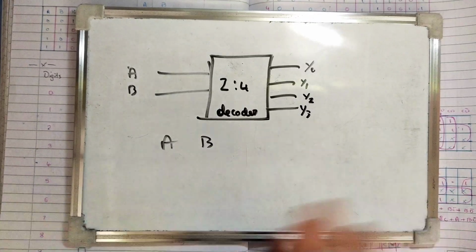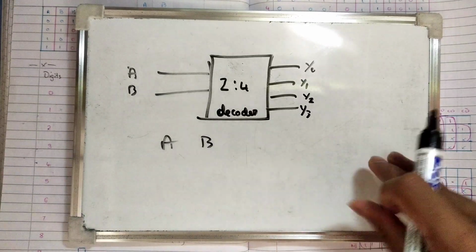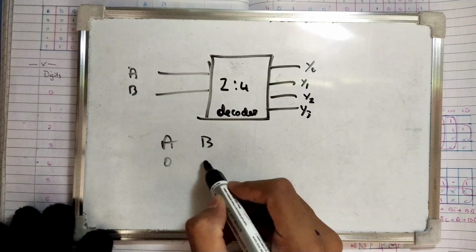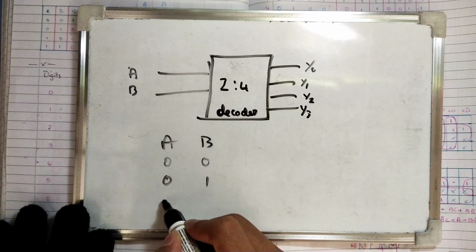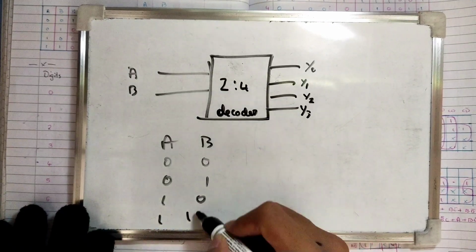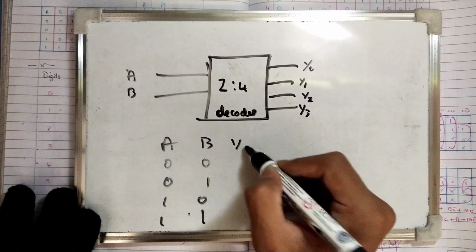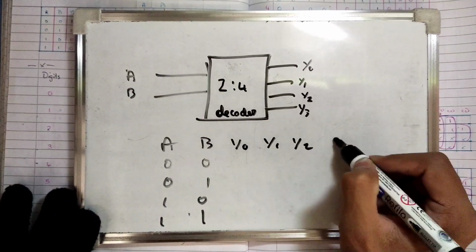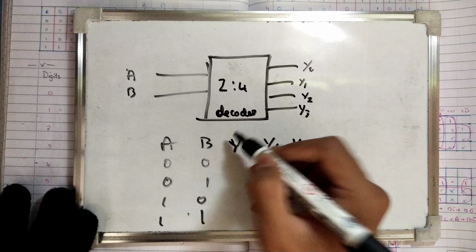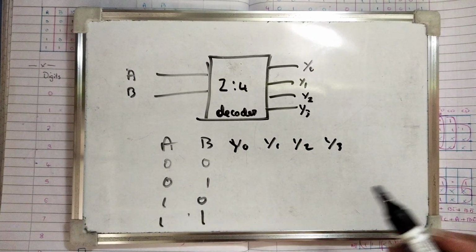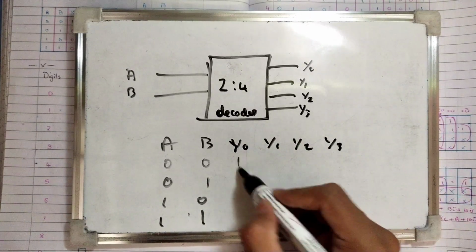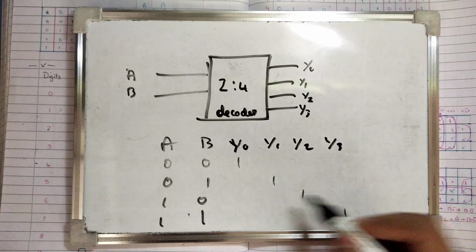You just have to swap the places. There we had A B last, here we will put A B at the beginning, 0 0, 0 1, 1 0, 1 1, and here y0 y1 y2 and y3. There we wrote d0 d1 d2 d3 like that. So here we will have y0 y1 like that. So 1 1, again same cross cross like that.